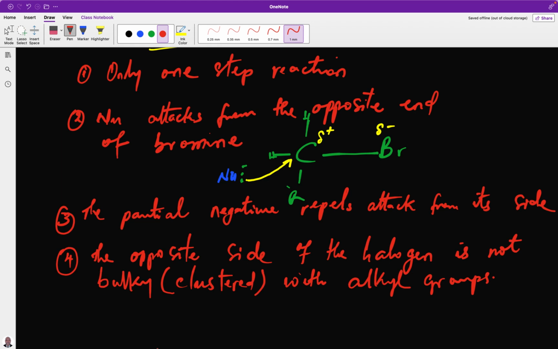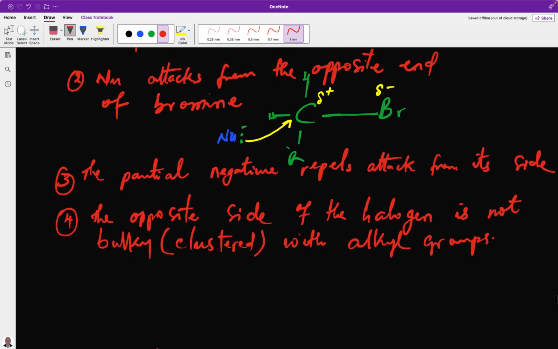Then the last one, number 5. Number 5 will be the inductive effect of the alkyl group.